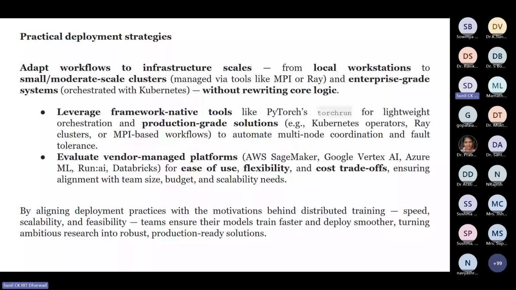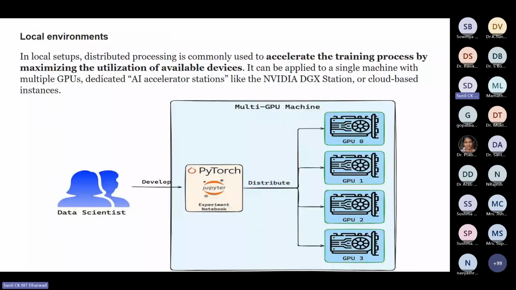So usually you see local environments where you are going to run on different GPUs. Usually you take a workstation, and workstations will have different GPUs to train your models. In local setups, distributed processing is commonly used to accelerate the training process by maximizing the utilization of available devices.